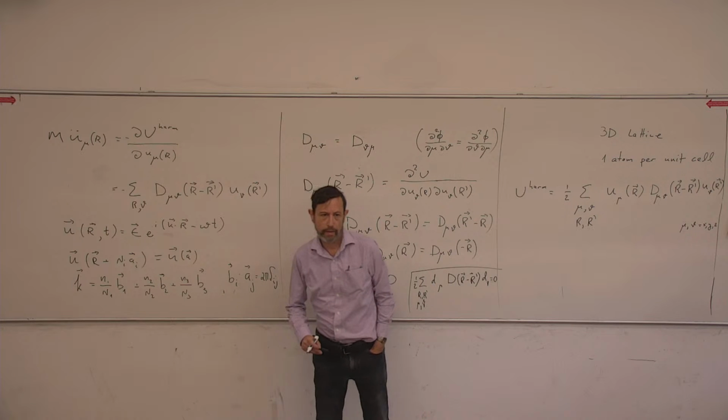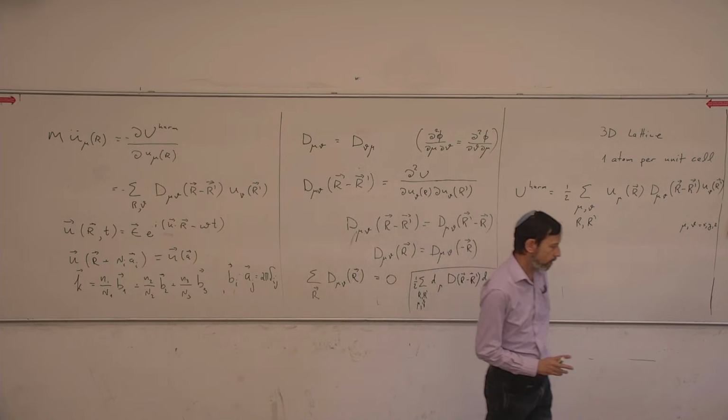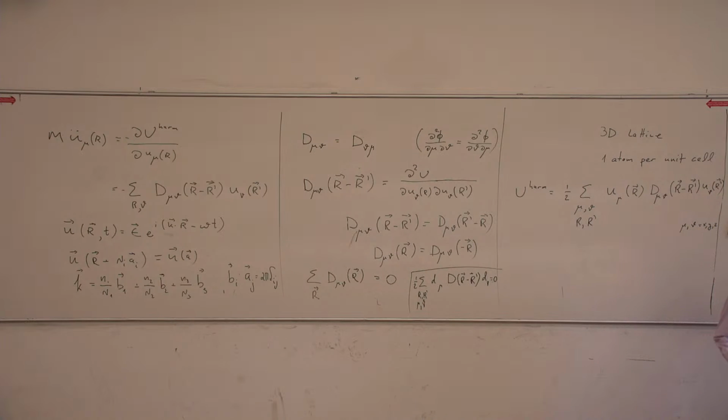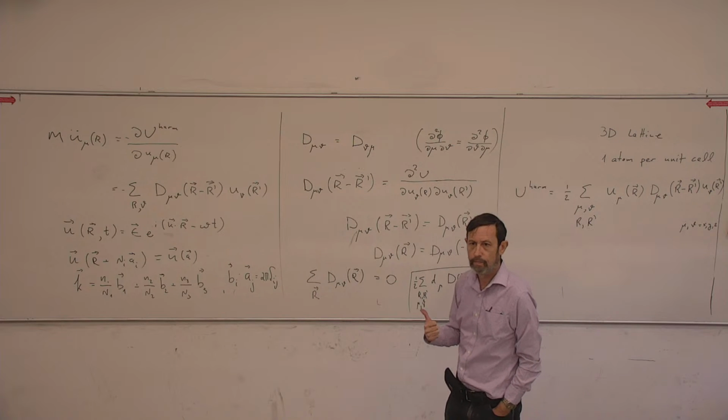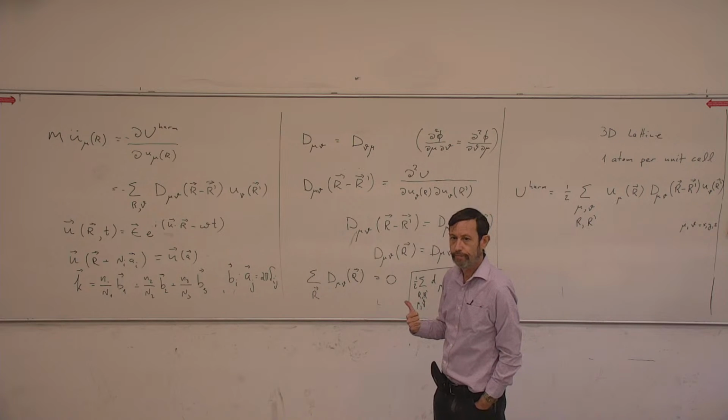Now, as a check that we understand what's going on here, does A1, let's say, have to be perpendicular to A2? No. Does B1 have to be perpendicular to B2 or B3?